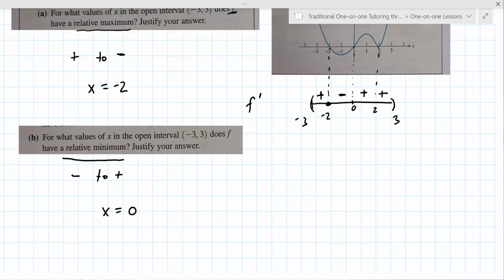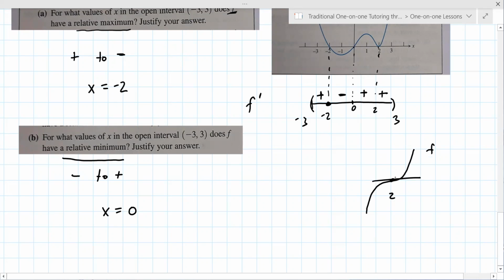And then what is going on here at 2, since it's plus to plus, just as an aside here? Is anything happening there? Is it a tangent? It is. The original graph looks like that at 2. It is a horizontal tangent, but it's increasing and then it's increasing some more. So nothing's happening.